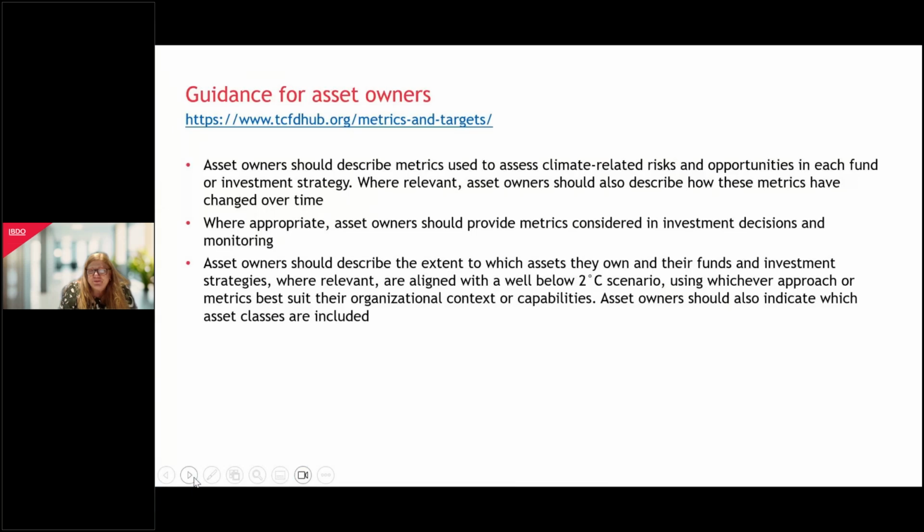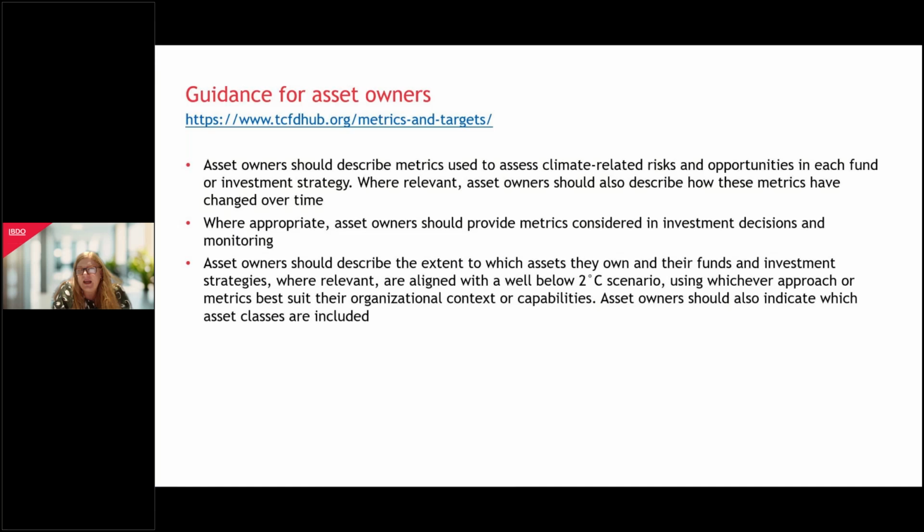There's guidance for asset owners. So again, if you're an asset owner, whether it's a super fund or a managed investment scheme, describe the metrics that you as an asset owner use to assess climate-related risks and opportunities in each fund or investment strategy, and maybe how these metrics have changed over time. They should also provide what metrics are considered in their investment decisions and monitoring.